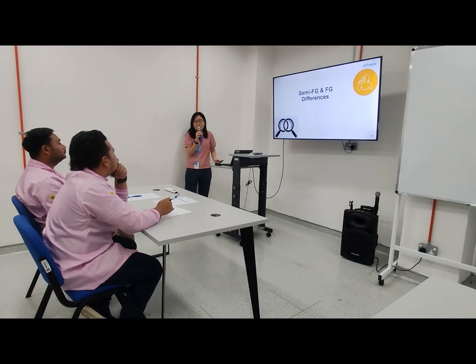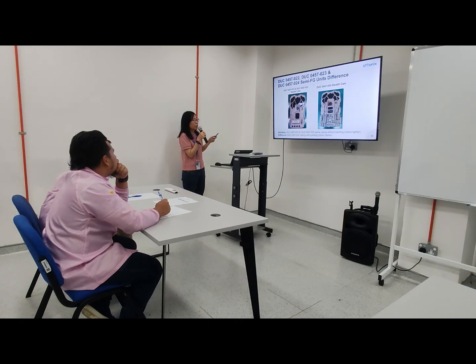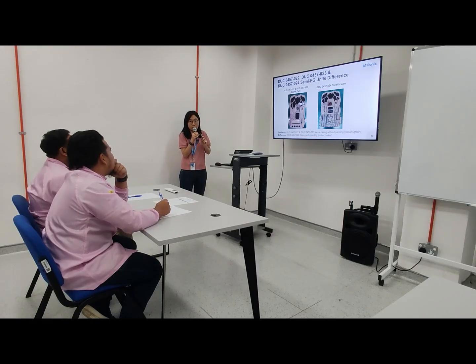Okay, now we'll go for hunting cameras, FG and FG differences. Okay, this is the model of 457, we have three types: 022, 023, and 024. And then for 022 and 023, actually the look is like this.